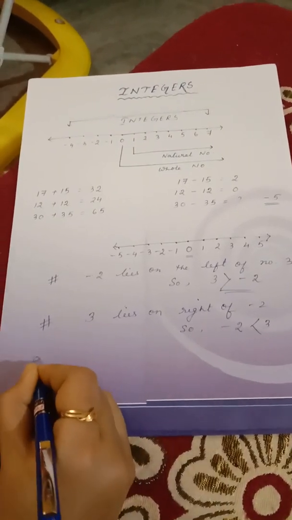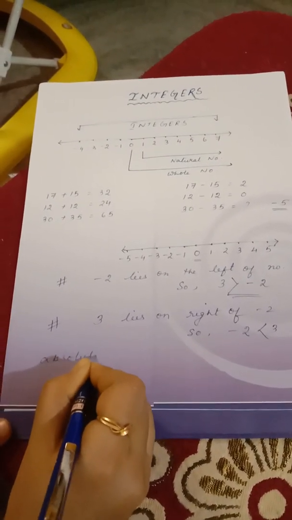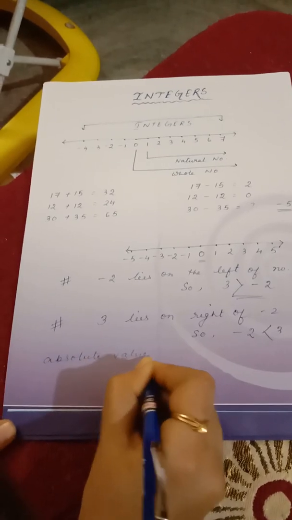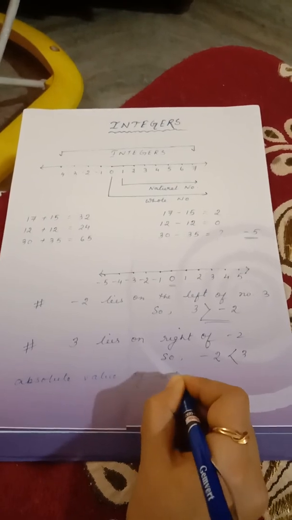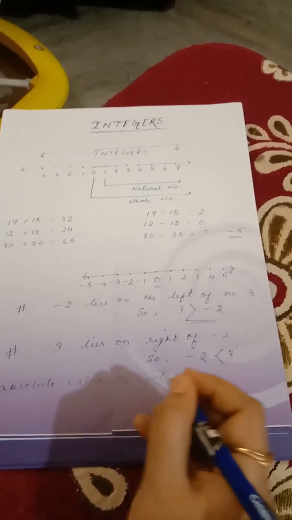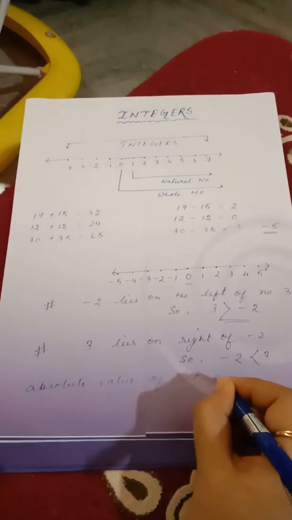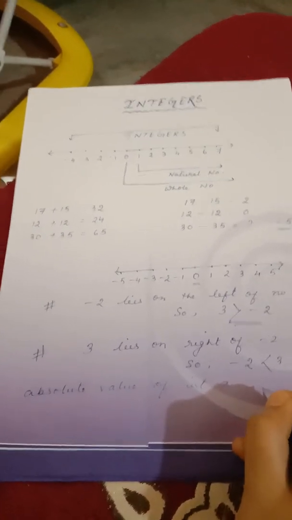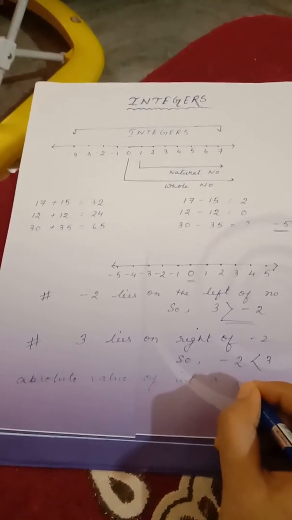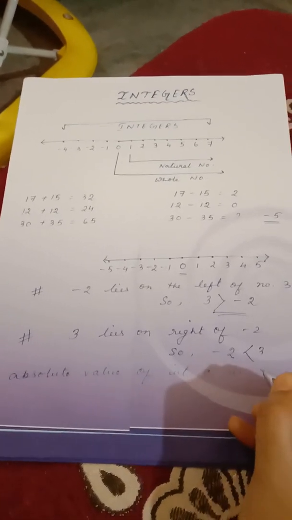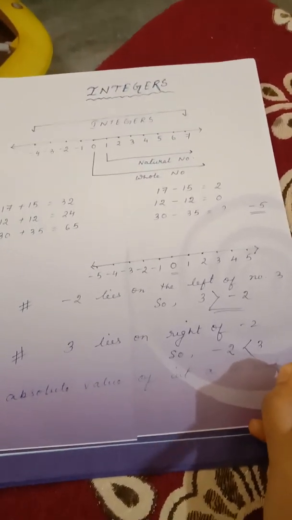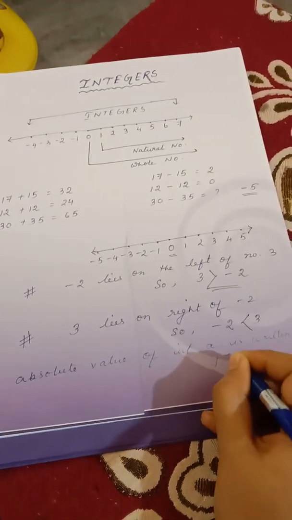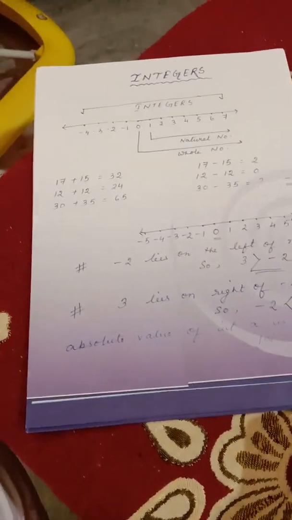So the absolute value of an integer A is written like that.